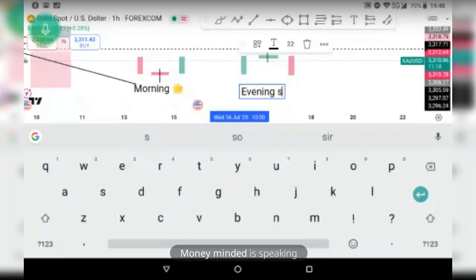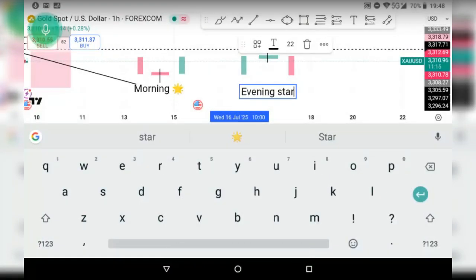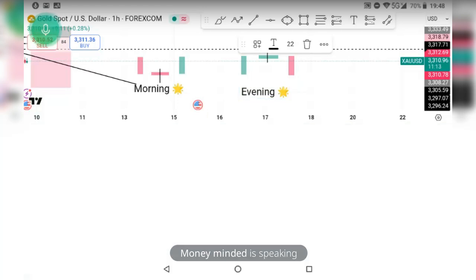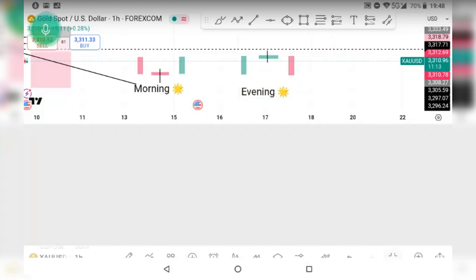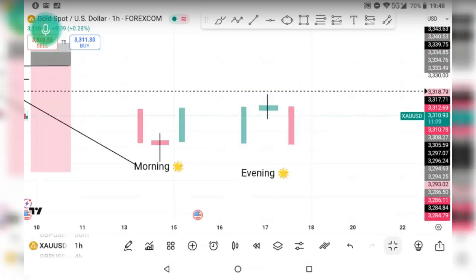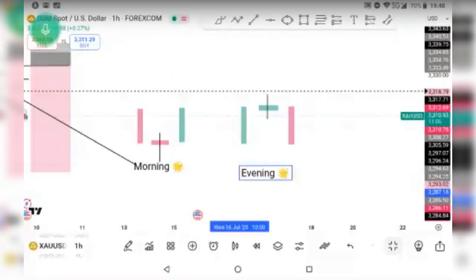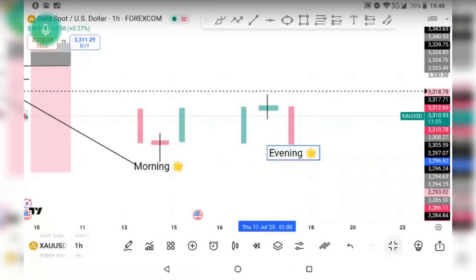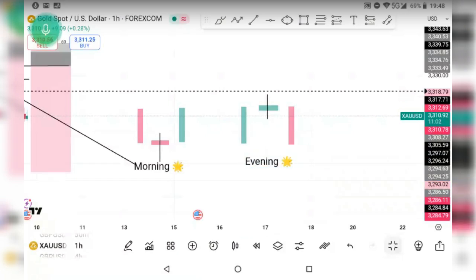If you don't see the evening star, if it is the bearish engulfing you see, you click on the sell ASAP. If you are buying and you see the morning star, you click on the buy. If you don't see the morning star and you see the bullish engulfing, you click on your buy ASAP.